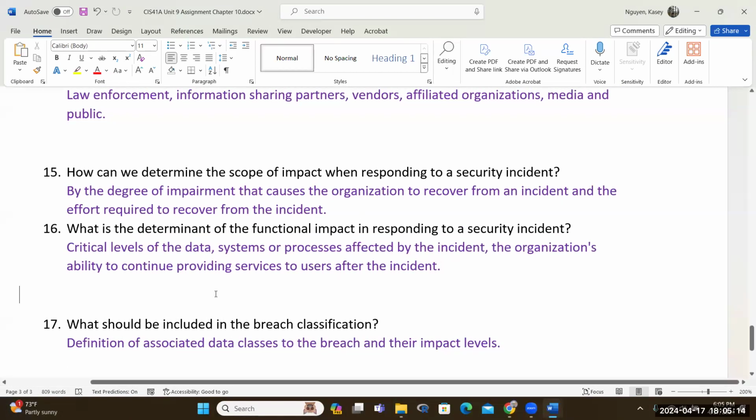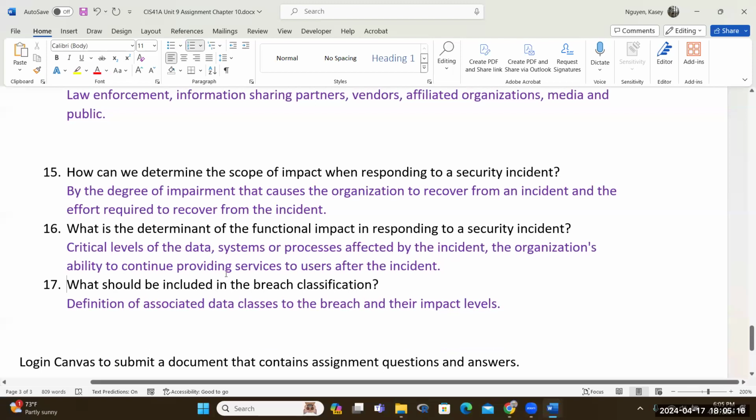Okay, so when you come across breaches, you have to classify the breach. And the breaches are associated with your data classes and their impact level. So when you have a breach of confidential data or highly sensitive data, that will be its breach classification.